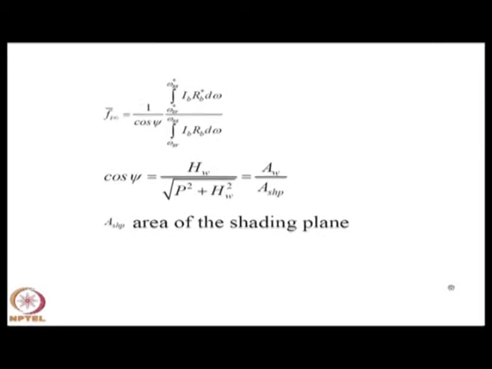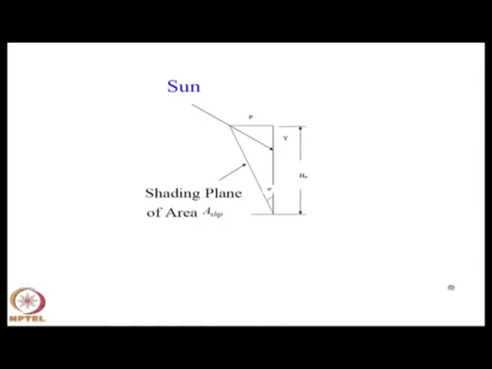So, that is what I have shown in this picture. The sun's rays will hit the window at some y distance away. Total height of the window is HW, and the angle subtended between the projection and the base of the window is the shading plane, or the area is ASHP, which can be given in terms of the geometry P and HW.